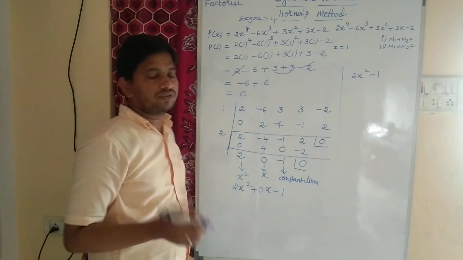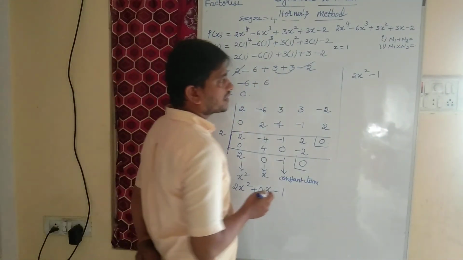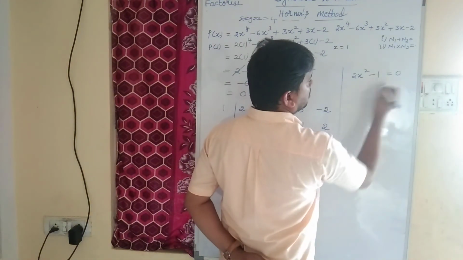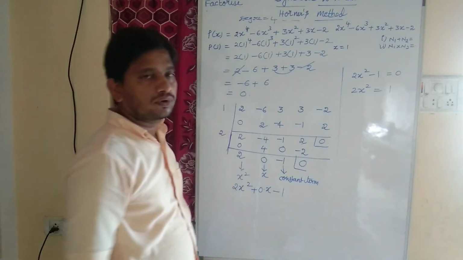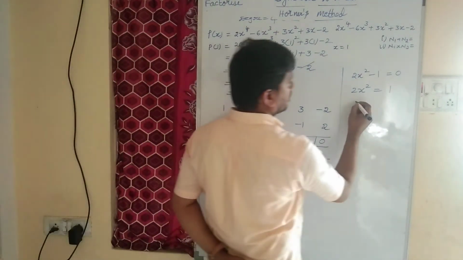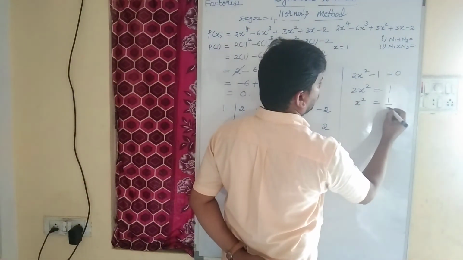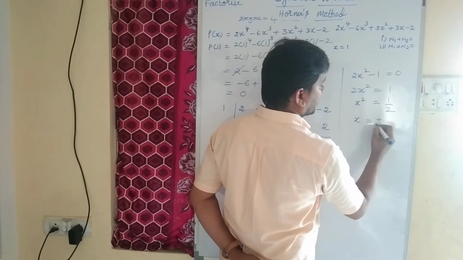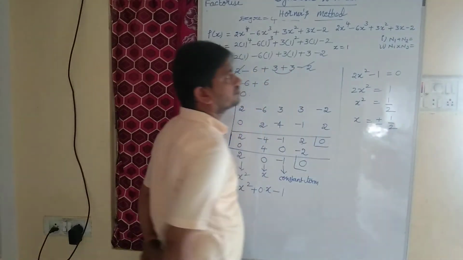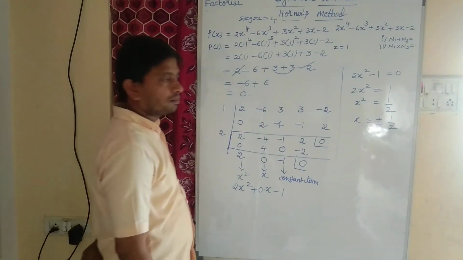Here the coefficient of x is absent, right? So 2x square minus 1 is equal to 0. So 2x square is equal to 1. So x square is equal to 1 by 2. So x is equal to plus or minus root of 1 by 2.